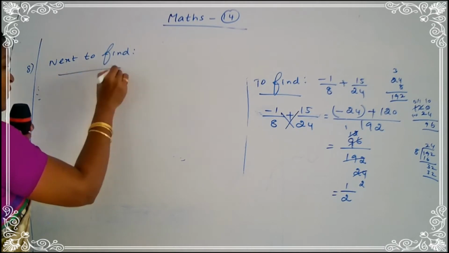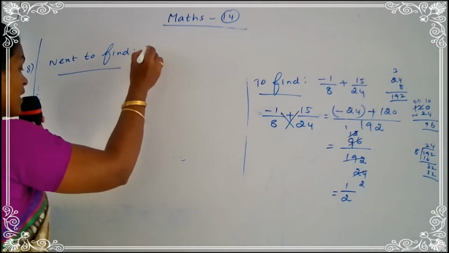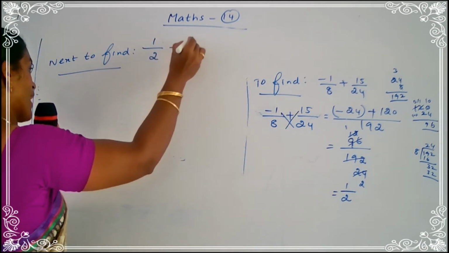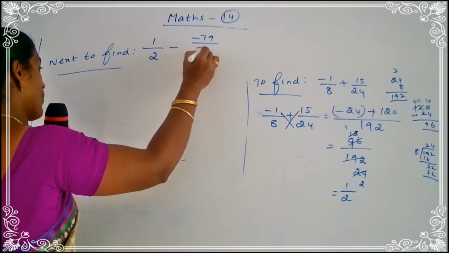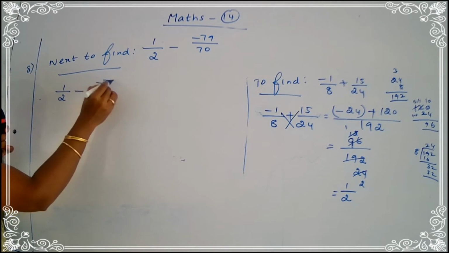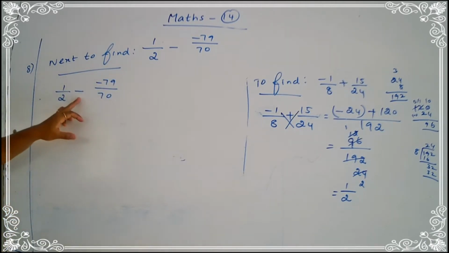The first one, the sum of minus 7 upon 10 and 3 upon minus 7, what is the value? Minus 79 upon 70. Okay, so the bigger number is 1/2. So 1/2 minus 79/70. Okay children, now we find the value of 1/2 minus minus 79/70. Here this is addition, sorry, subtraction. Yes. So in subtraction what to do?